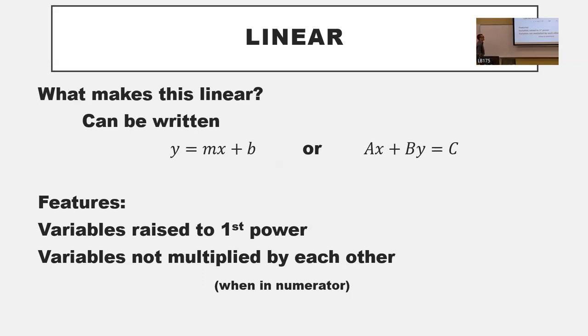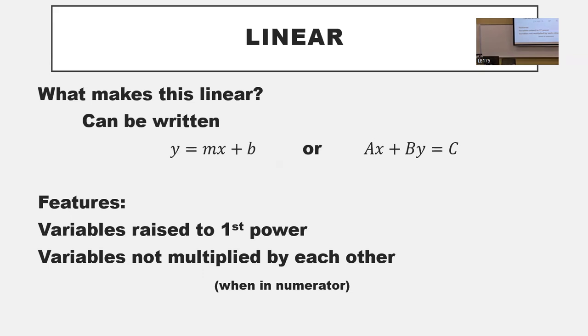By the way, y equals mx plus b is called slope-intercept form of a line. Ax plus by equals c is the standard form of a line. You don't need to know that right now, but that's what it is. So one way to think about linear is that it can be written as one of those two forms.